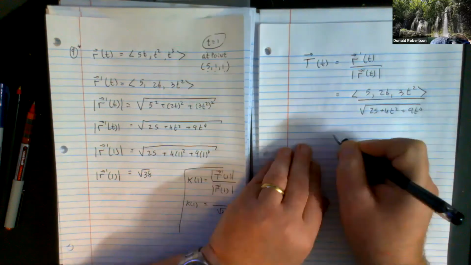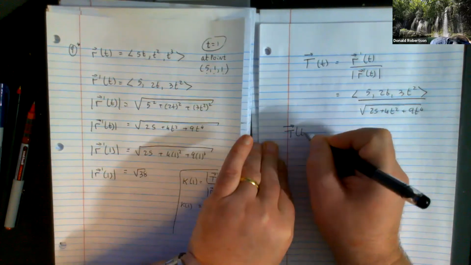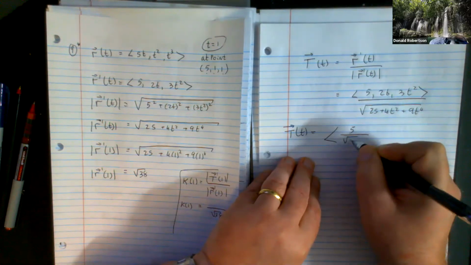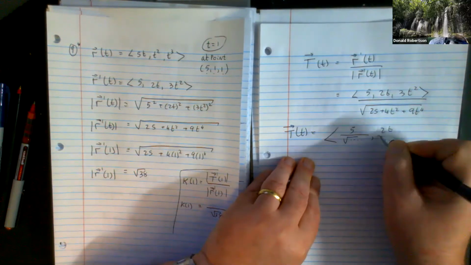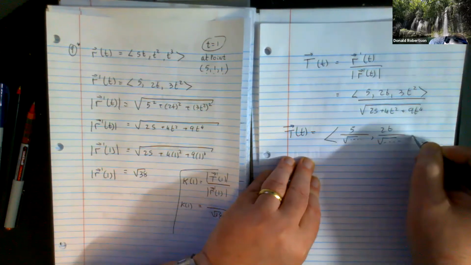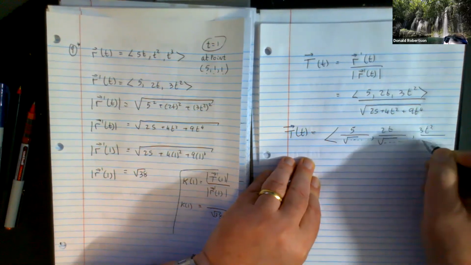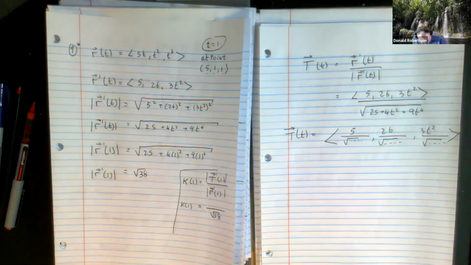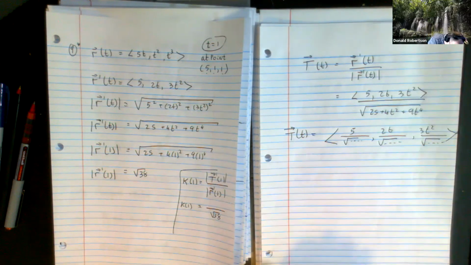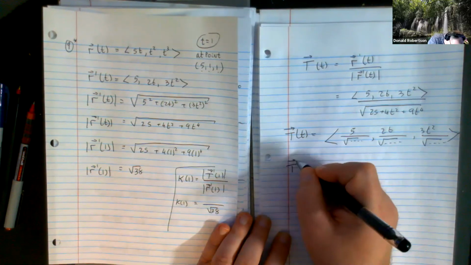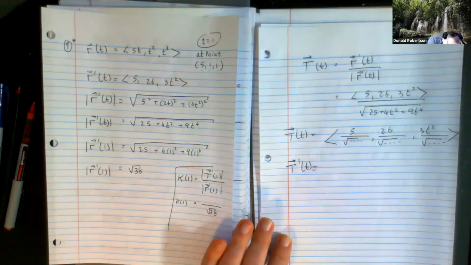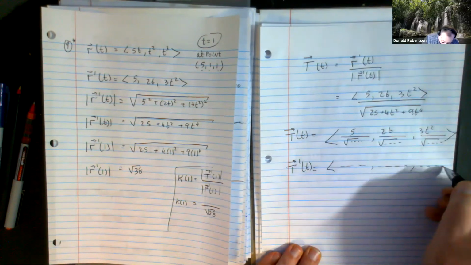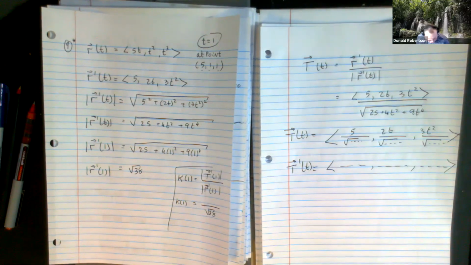So you are going to have to take this ugly guy, find his derivative, which I can tell you right now will probably be some massively ugly fella.